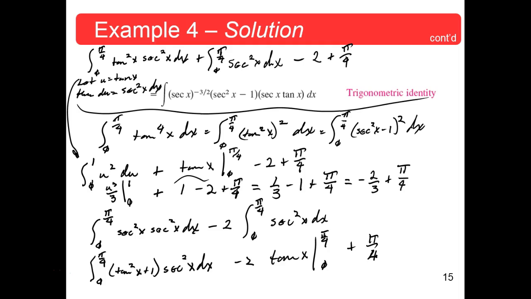Is that all she wrote? It seems like it. For some reason in the book they didn't evaluate 1/3 minus 1. I did. Someone plug that in your calculator. Negative 2/3 plus pi fourths.